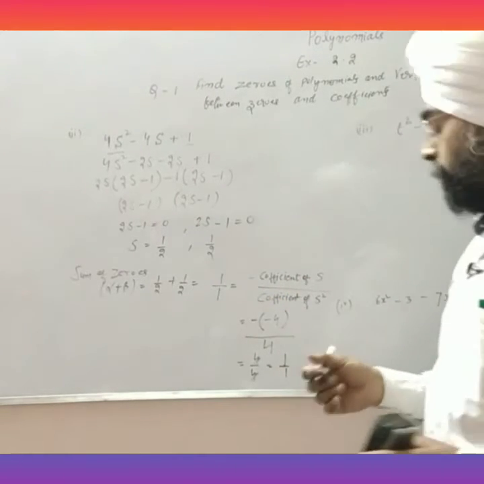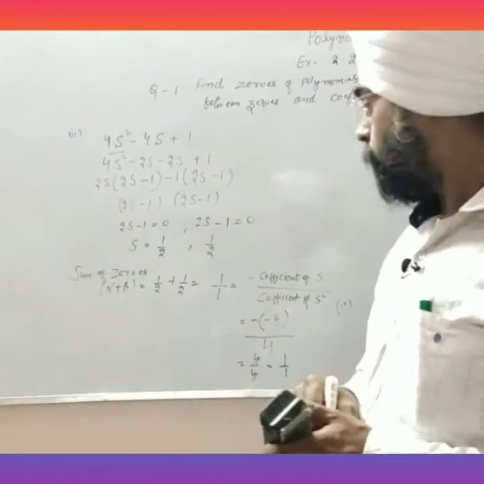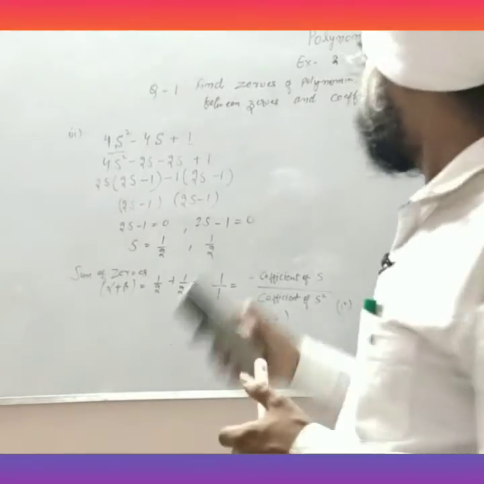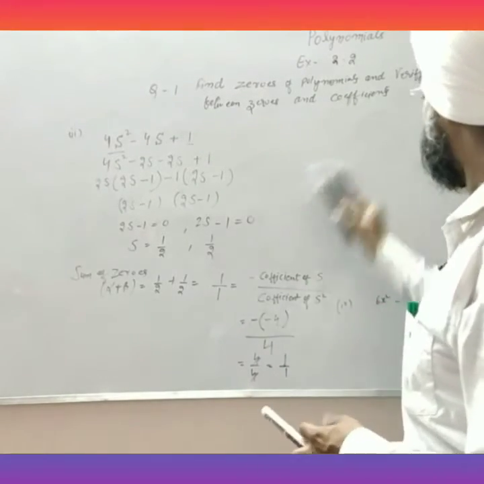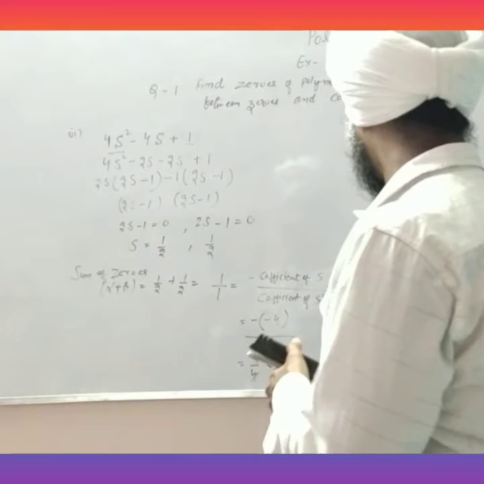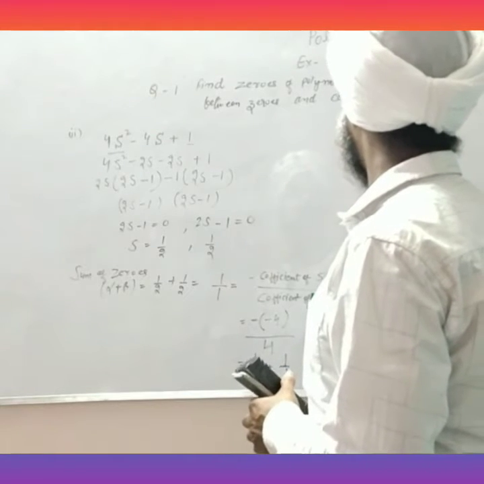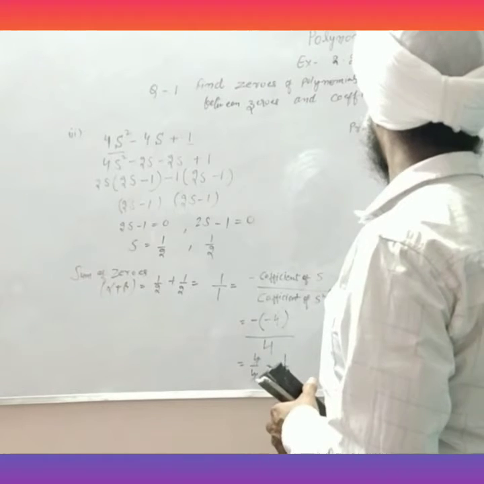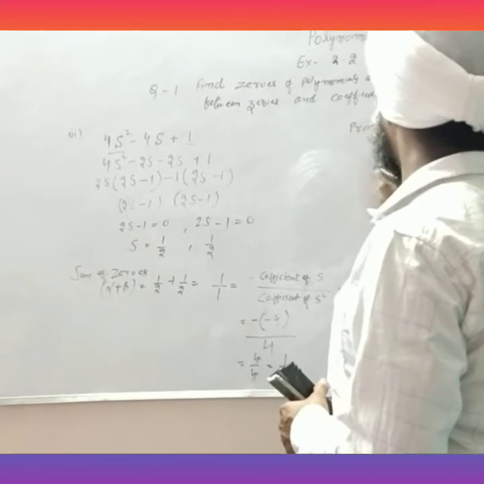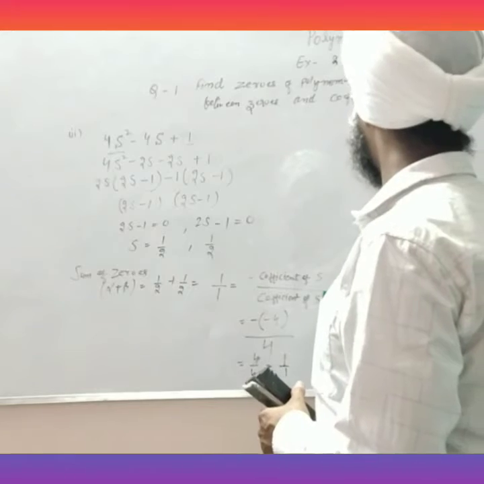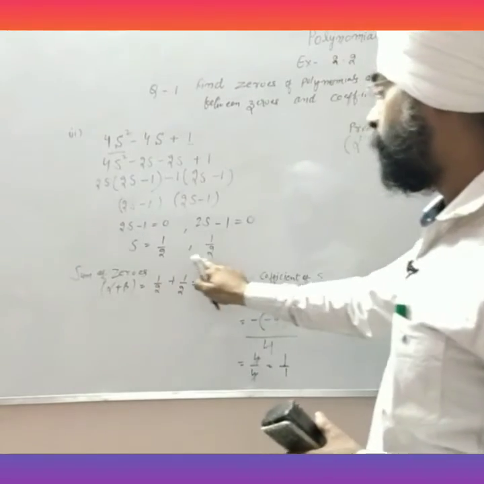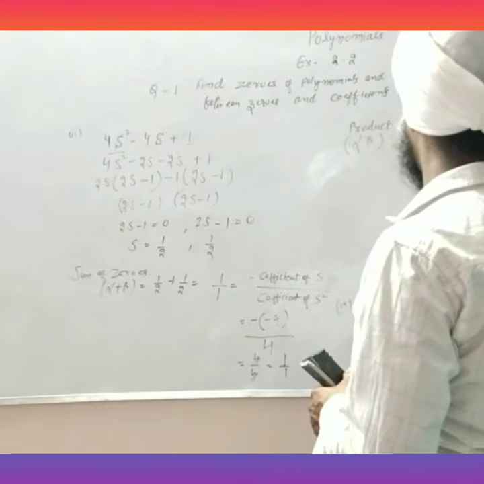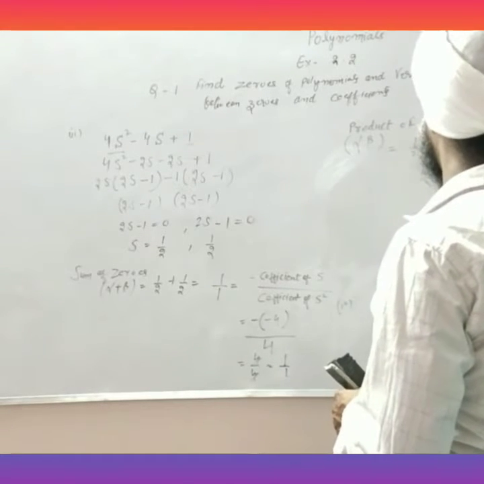Now I have to establish the product of the zeros. Product of zeros is alpha beta. Alpha and beta both are the same. In this question, 1 by 2 into 1 by 2, the answer will be 1 by 4.